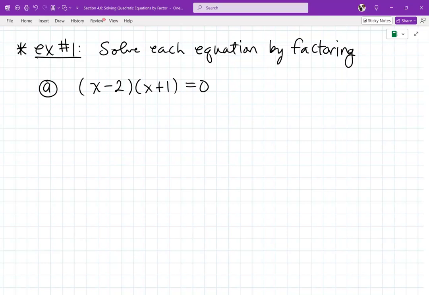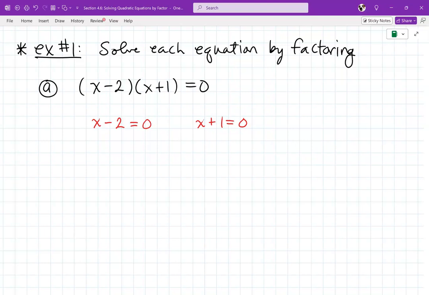Notice it's already factored. They have x minus 2 times x plus 1 equals 0. All I have to do is note that two things are multiplied and set equal to 0. So according to the definition from Math 1, I can write x minus 2 is equal to 0 and x plus 1 is equal to 0.